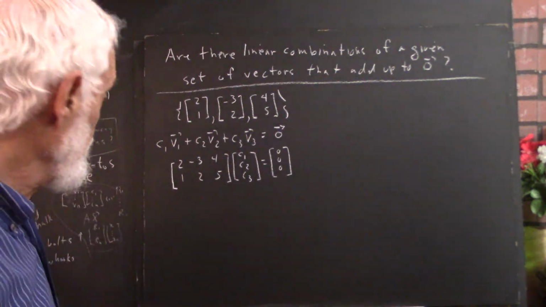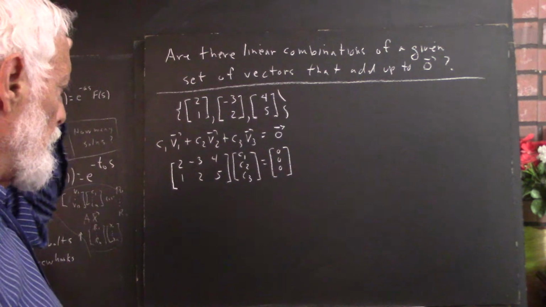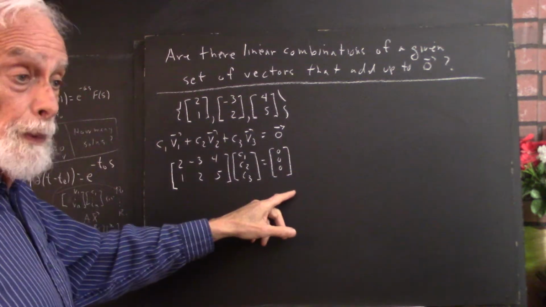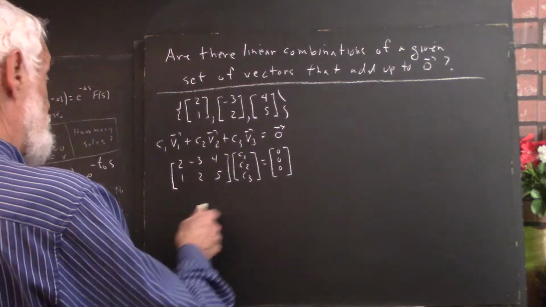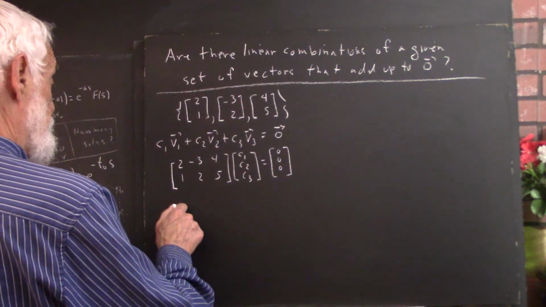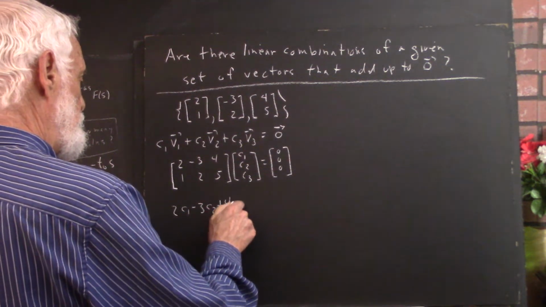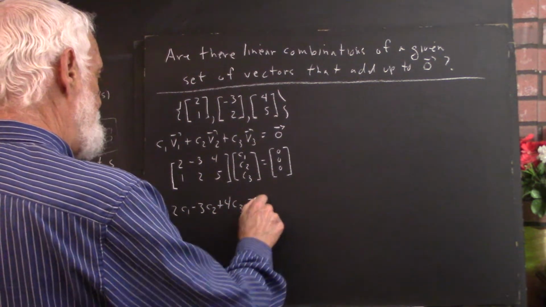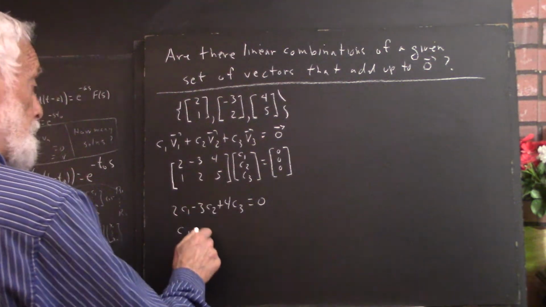And as we've seen, that can be written easily as a matrix equation. Now, this matrix equation is equivalent to a set of simultaneous equations. And again, we're assuming that it's clear why this is the case.